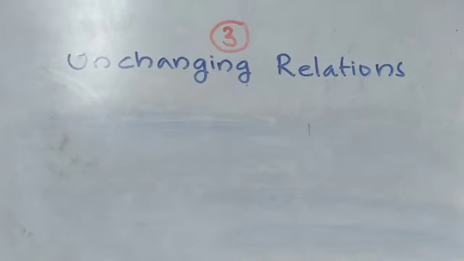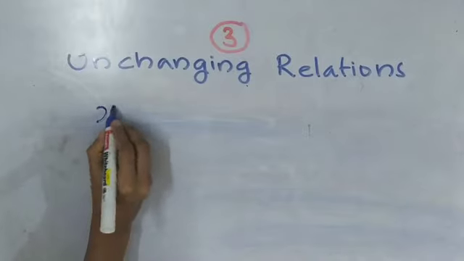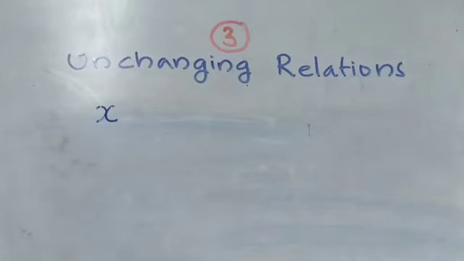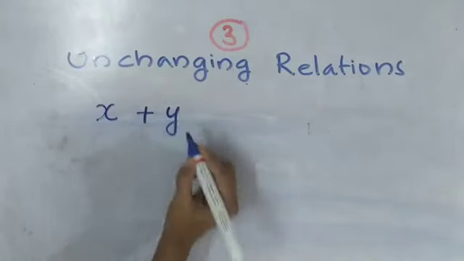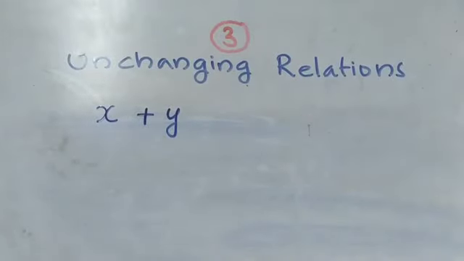Okay, so my dear friends, now let us look at some examples. First of all I am taking one number. Suppose the number is x. And I am going to add another number to this number. Another number means that can be y or z, anything. So I took y here.